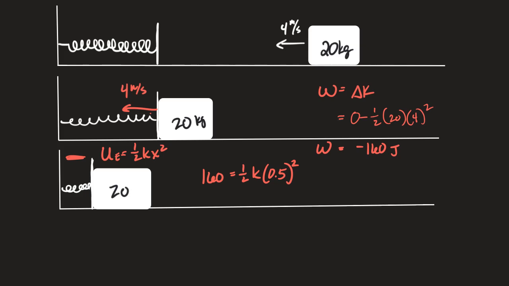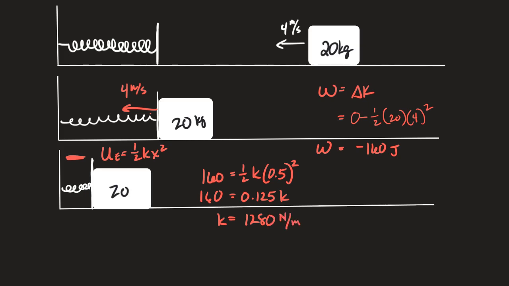When I square that, of course, you get 0.25, and half of 0.25 is 0.125, so 0.125 k equals 160. And from there, we can get k. That's going to be a value of 1,280 newtons per meter.